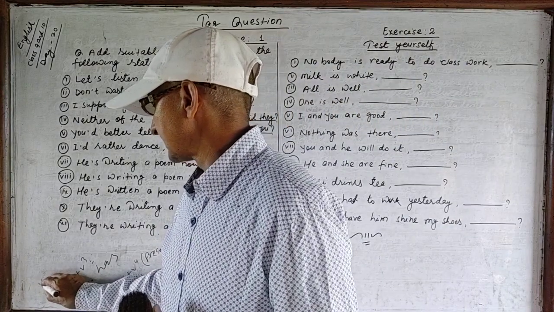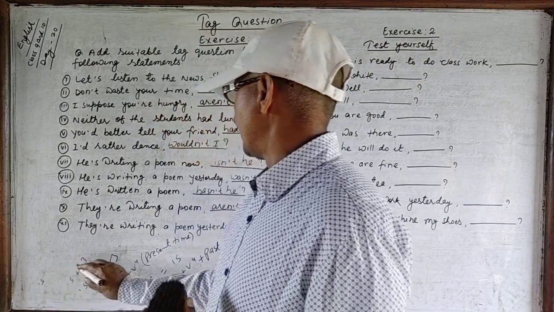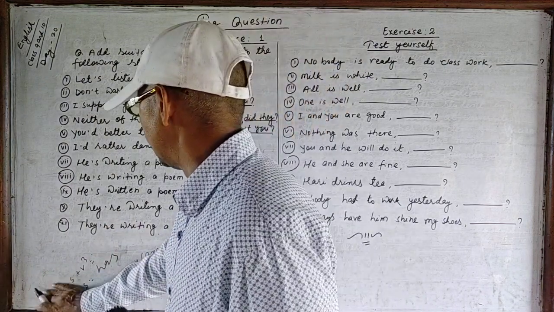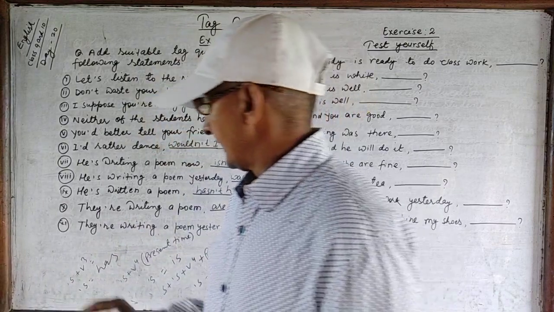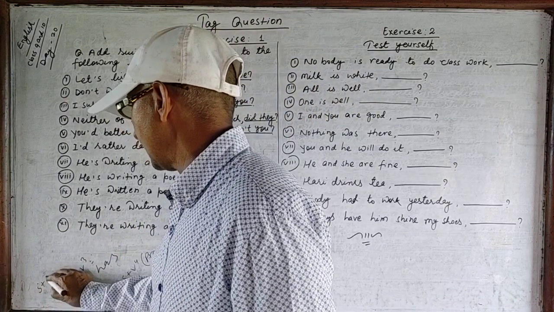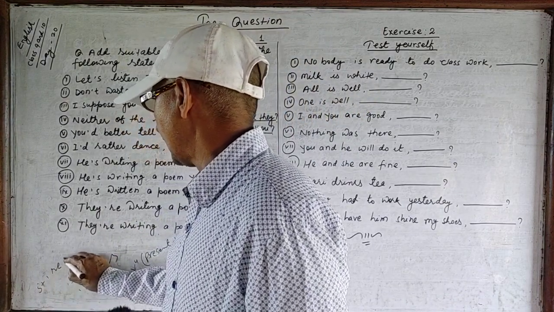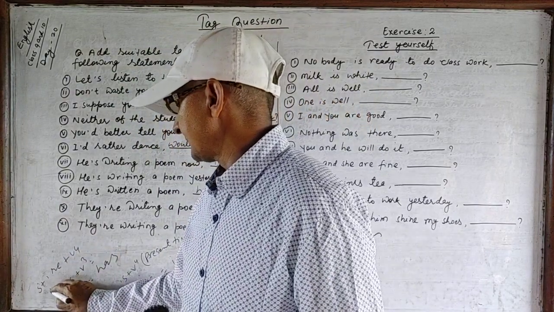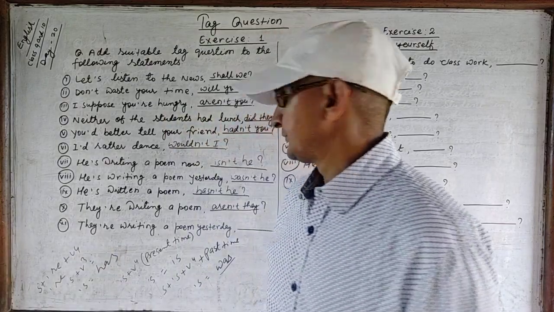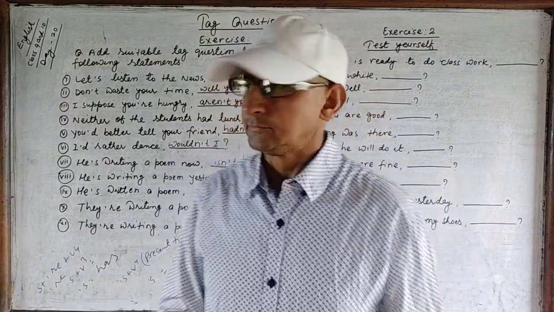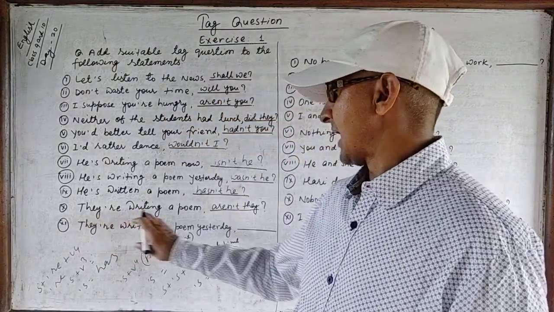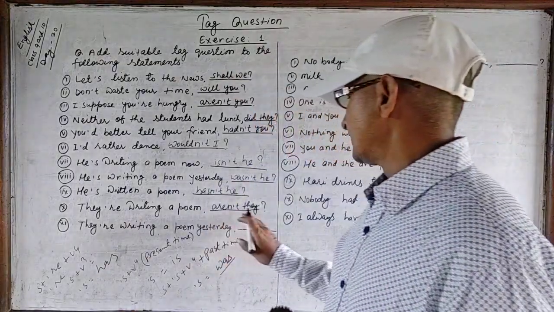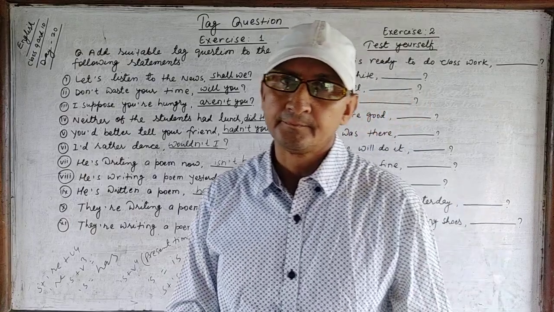If there is subject plus apostrophe re, and then V4 before, the apostrophe re becomes are. So we read they are writing a poem. So the tag is aren't they.